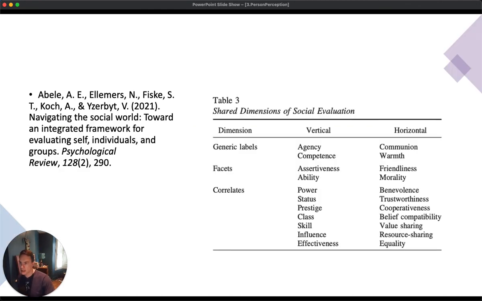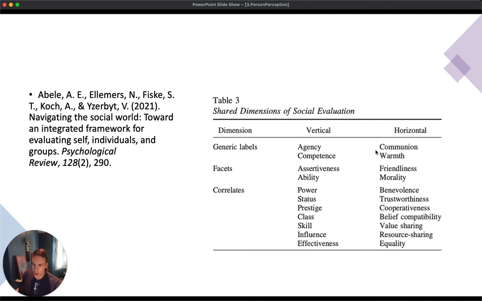Here you can see, and this is the last slide, I think, on this, this is from one of the two articles I strongly recommend that you read this week, where you see shared dimensions of social evaluation, right? Agency and competence, what are they correlated to? So what makes somebody perceived as a competent person? Power, status, prestige, class, skill, influence, effectiveness, right? And so on. What about communion and warmth? These are the same synonyms for this, right?